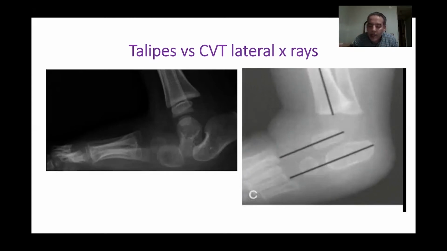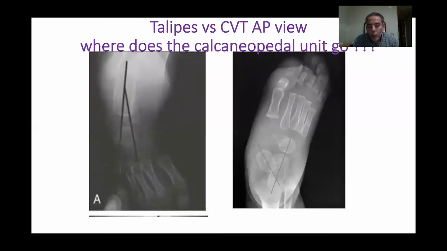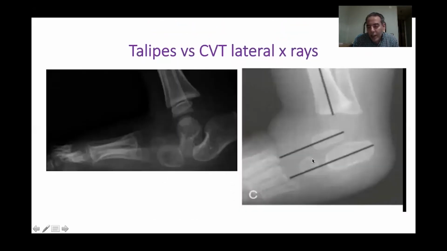So in the AP view, we saw that the calcaneus in talipes internally rotated with the rest of the foot. In the lateral X-ray, we saw that the calcaneus plantar flexed with the foot relative to the talus.